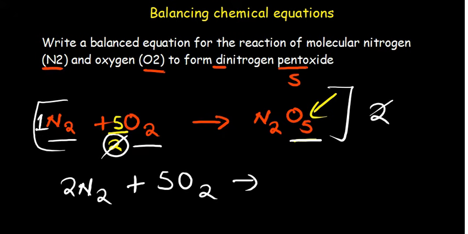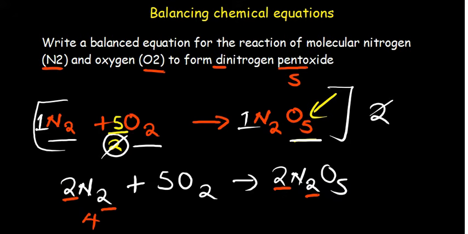And then here there is a 1, so it will just become 2 nitrogen, dinitrogen pentoxide. You can try to count again. We have 2 times 2, we have 4 on the left, and on the right, 2 times 2, we have 4 as well. 5 times 2, we have 10, and 2 times 5, we also have 10. So you can now observe that the number of nitrogen and oxygen atoms are balanced in this equation.